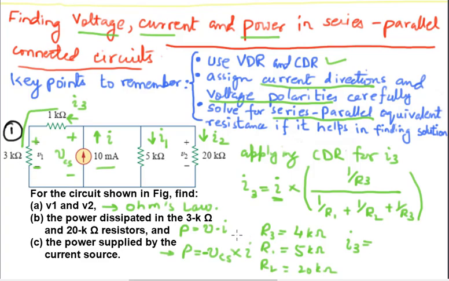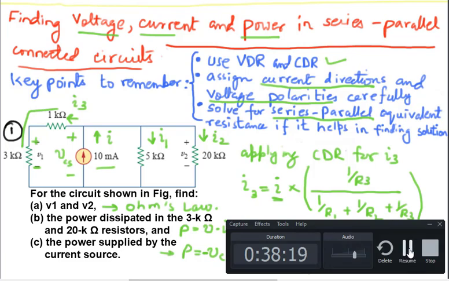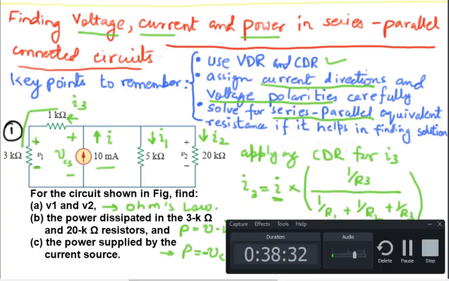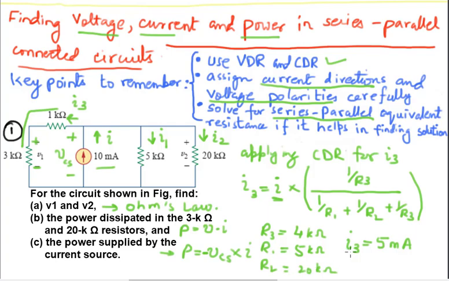So let me first write the value of I3. You can check it yourself. I'm just going to write it directly. The I3 value comes out to be 5 milliamperes, or 5 into 10 to the power minus 3 amperes. This is the value of I3. Similarly, since we have the value of I3, you can see in the circuit that I3 is flowing in this way and it's going through the 3 kilo ohm resistor.